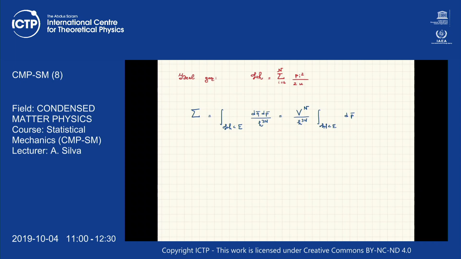But now, what is this condition? Well, this condition h smaller than e is sum over i from 1 to n of pi squared divided by 2m smaller or equal than e, which means that the condition is sum over i from 1 to n of pi squared smaller or equal than 2m times e.